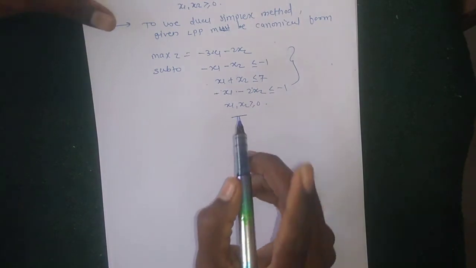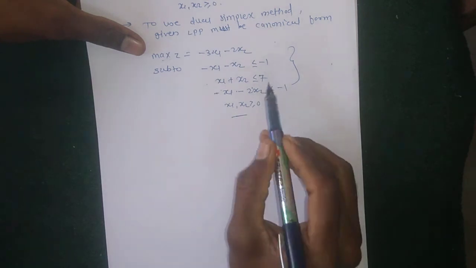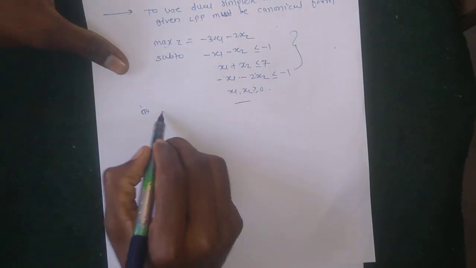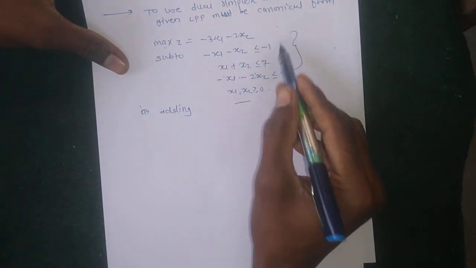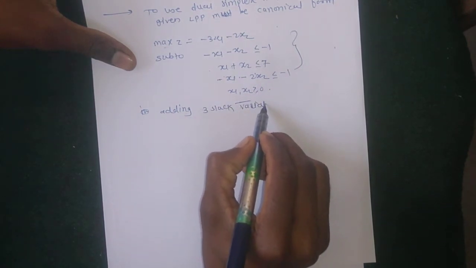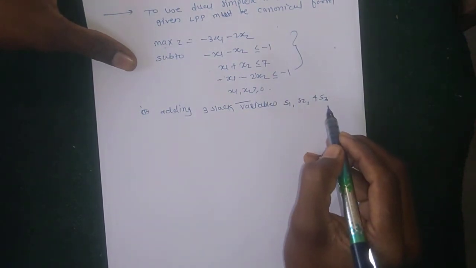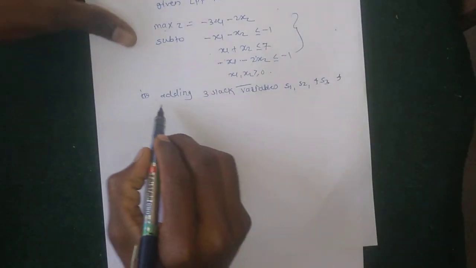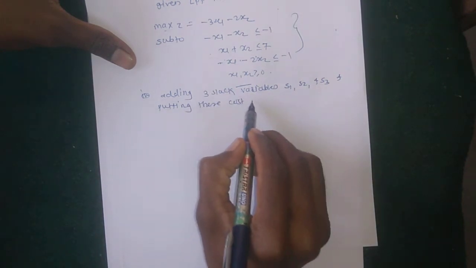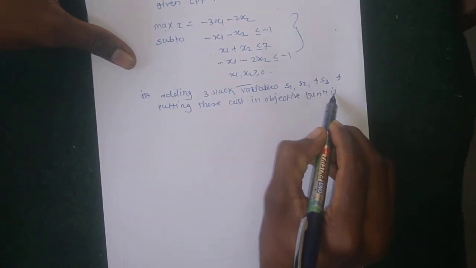Now write this LPP in standard form. Here the objective function is maximum type and all constraints are less equal type, so add only slack variables. The number of constraints is 3, so we add 3 slack variables s1, s2 and s3, and put their cost in the objective function as 0.